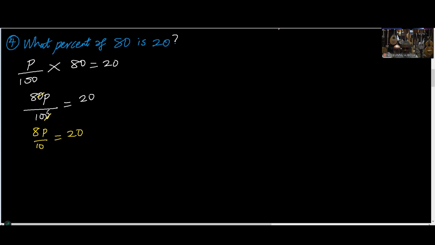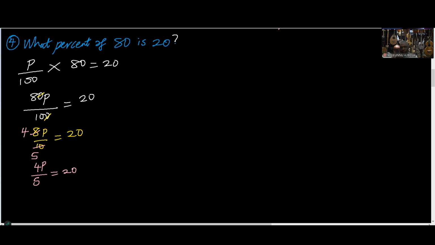Is that clear? Yes. Now you can still cut it down so that you are left with something simpler. What number can divide both 8 and 10? That's 2. 2 here is what? 4. How many 2 is here? 5. So 4p is left at the top, 5 is left at the bottom, equal to 20.